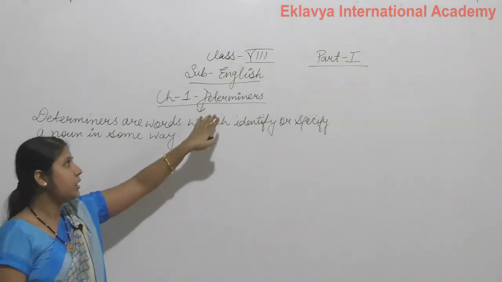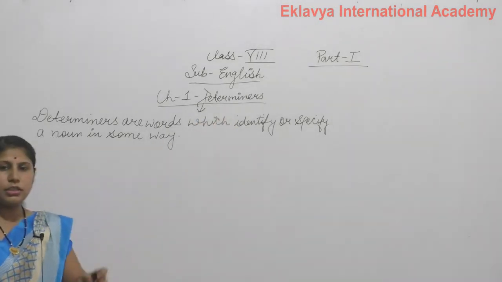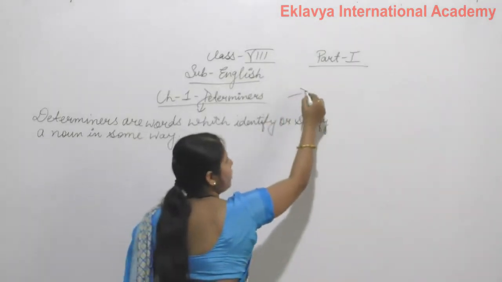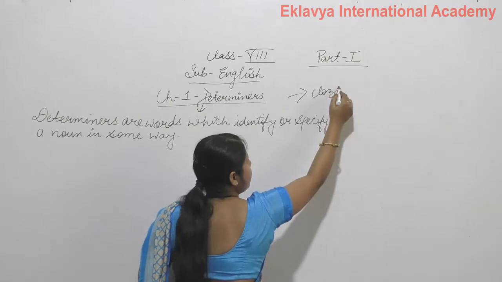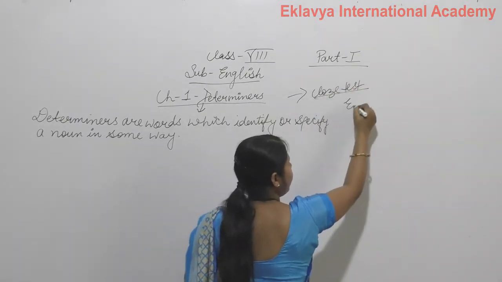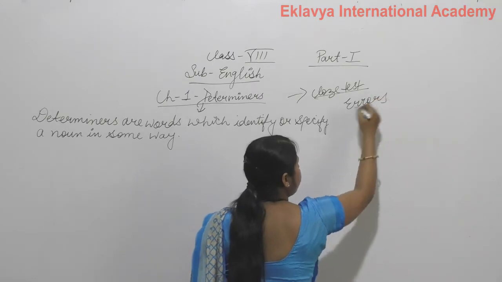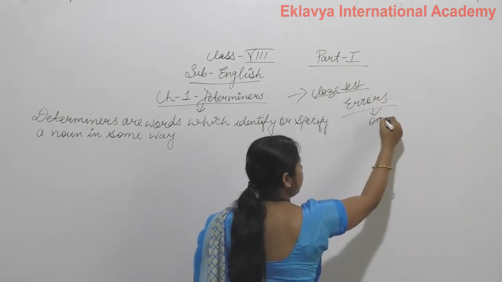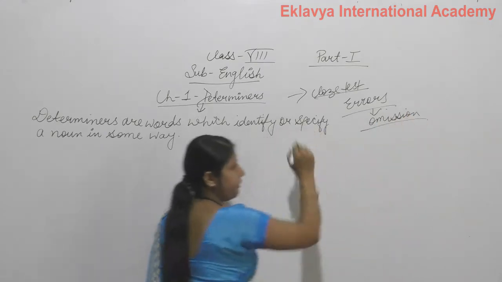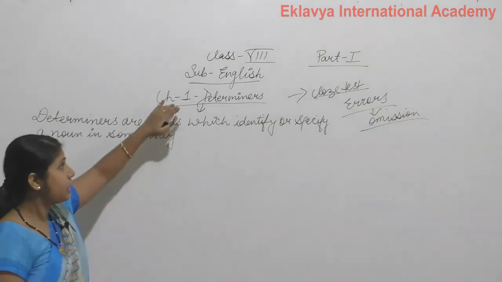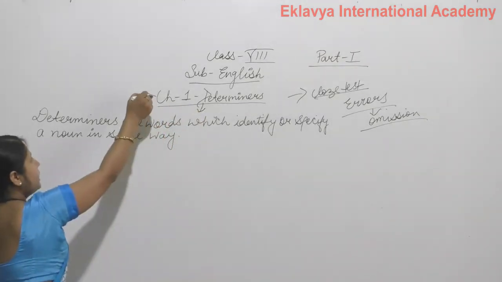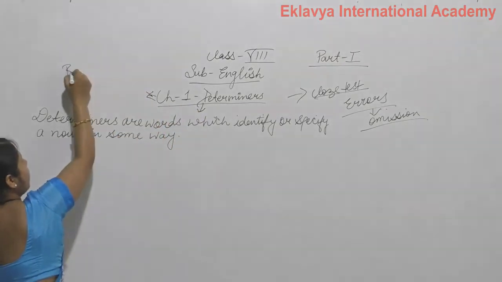Now listen, determiners are helpful for cloze test also, errors, omissions. This is helpful for competitive exams also, because this is the root of grammar.